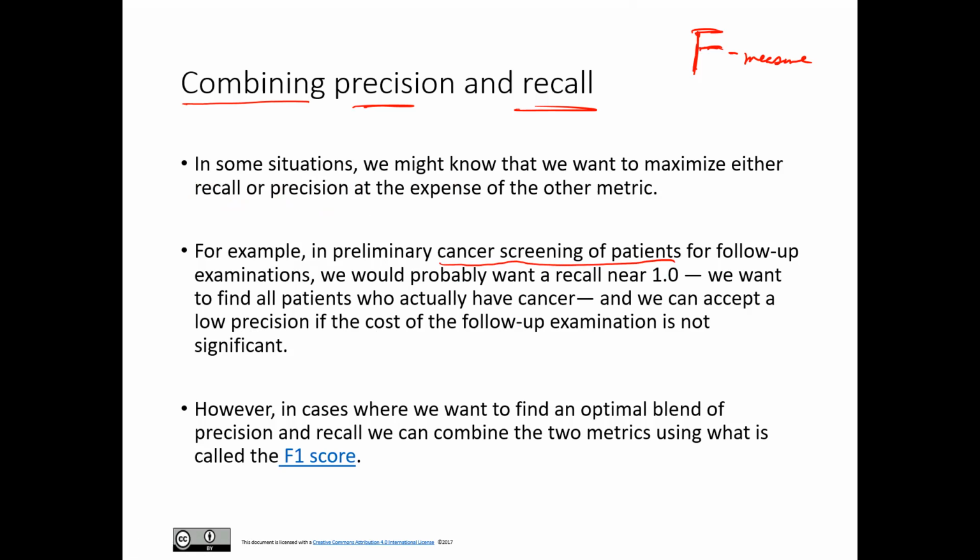One is an initial scan, and we would probably want a recall near 1, a really high recall. The intuition there is that we want to find all patients who actually have cancer, and we can accept a low precision if the cost of the follow-up examination is not significant.